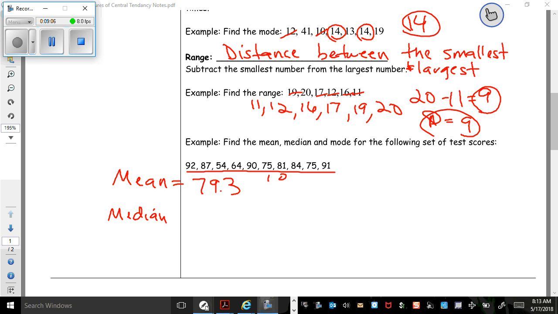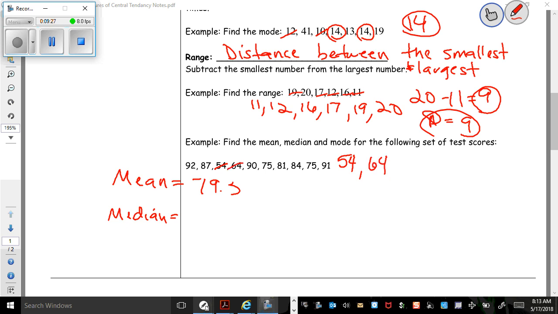If I were doing this, you're probably going to have to find the mean, median, and mode for a lot of these problems. I would just start out listing it in order right away.